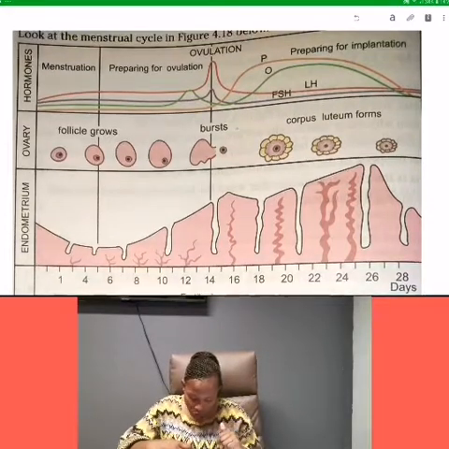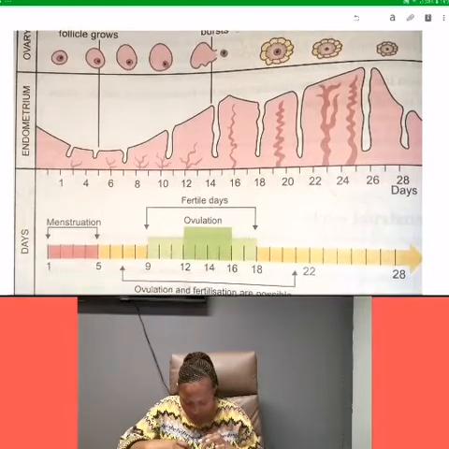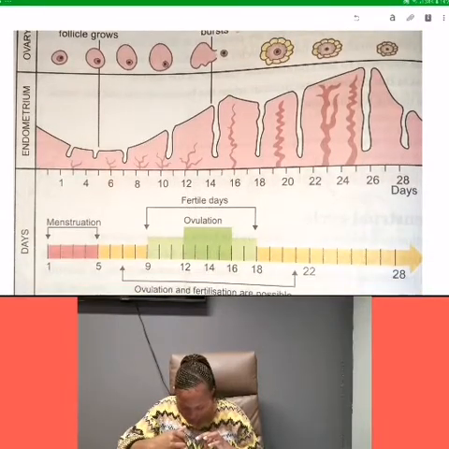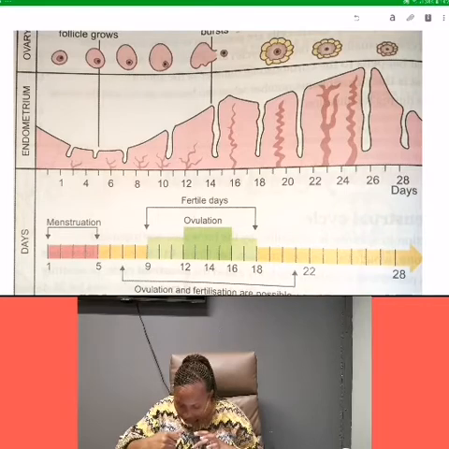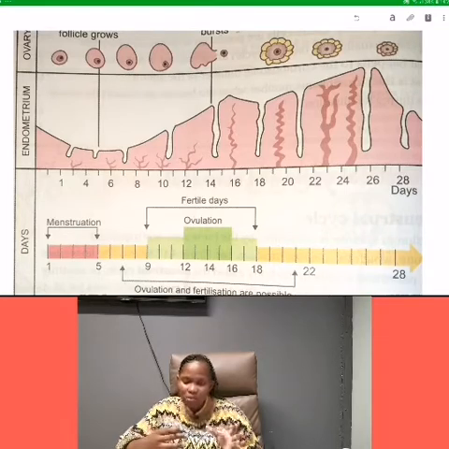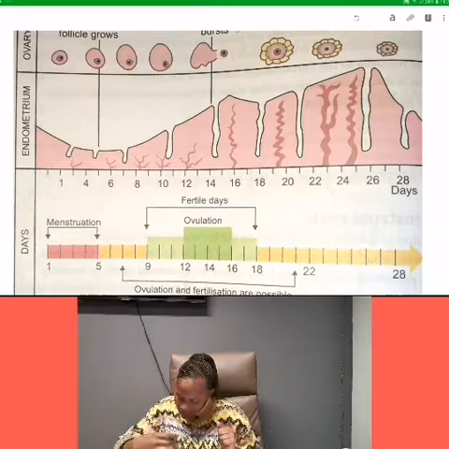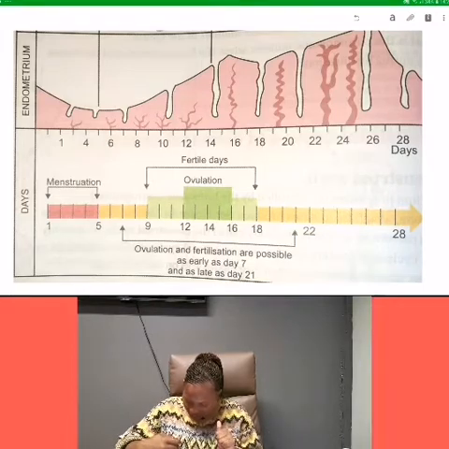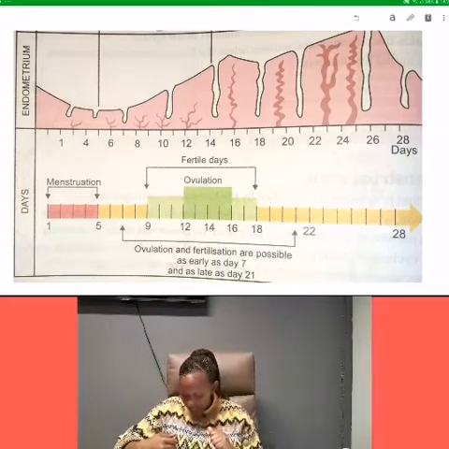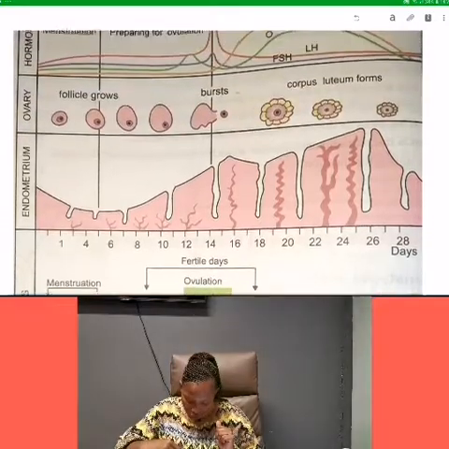Menstruation occurs between day 1 to day 5, and then from day 5 to day 18 are the fertile days, where a female is most fertile, meaning that a female is more likely to get pregnant. Ovulation and fertilization are possible as early as day 7 and as late as day 29.